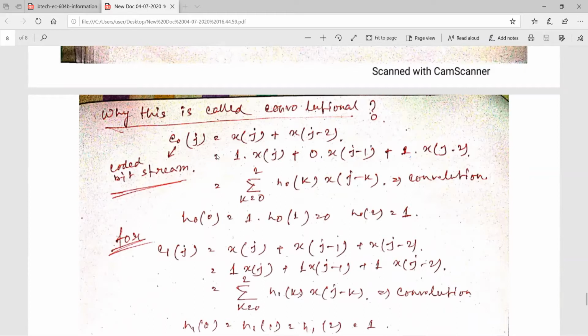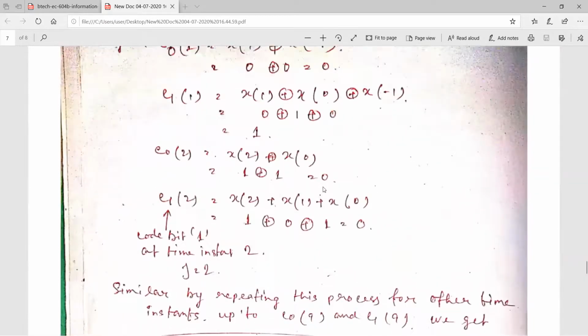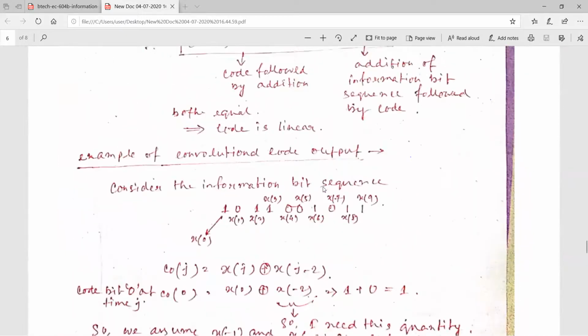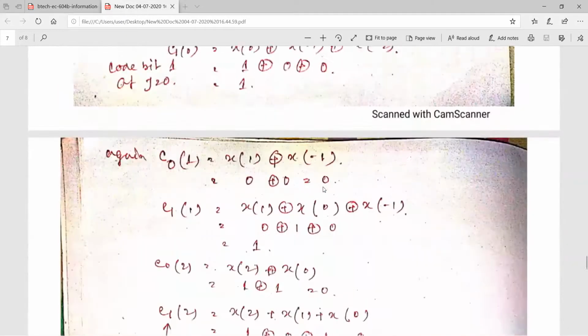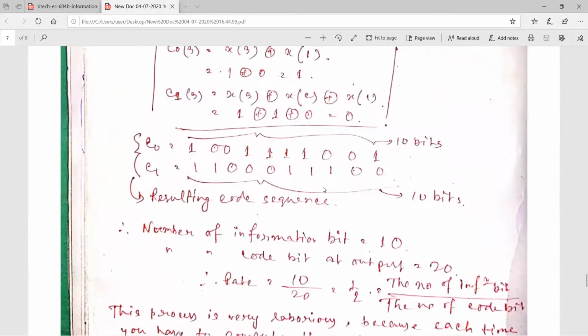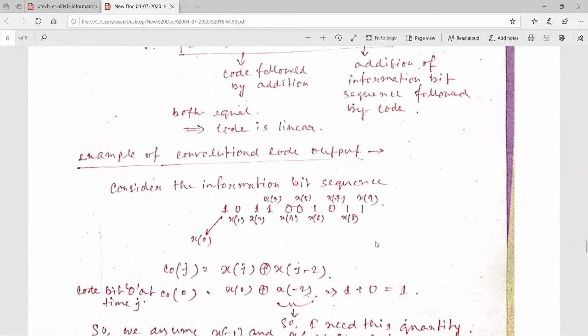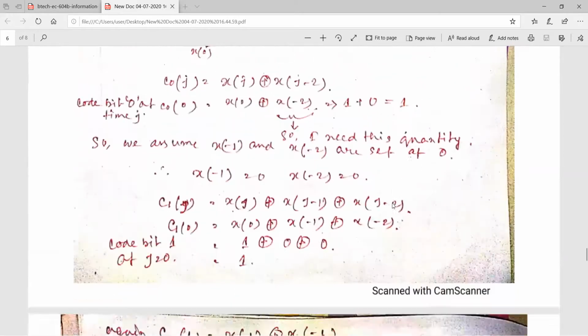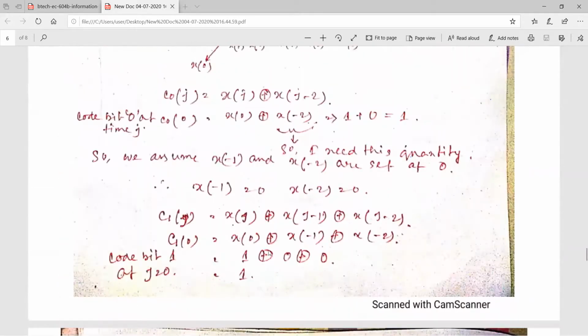So we have covered why this is called convolutional code, and the example of the convolutional code output: how to generate the output code bit from a given information bit sequence. This information bit sequence will be given to you, and from that you have to generate the code bit.